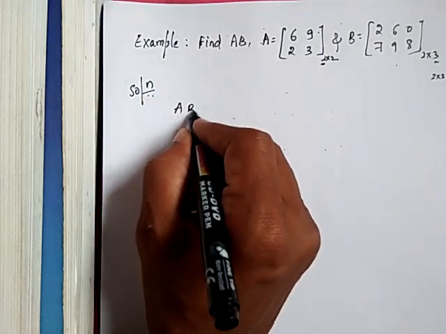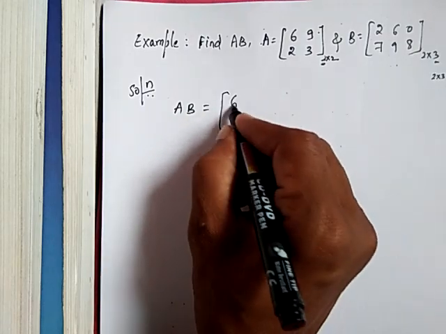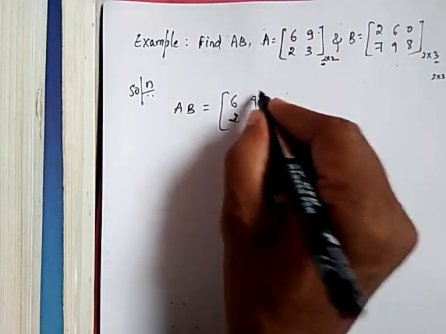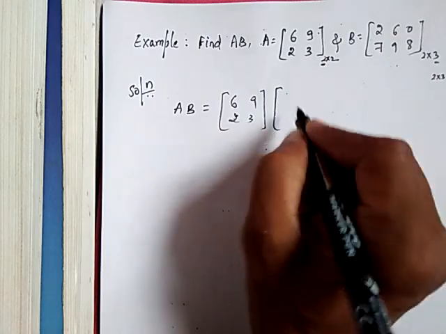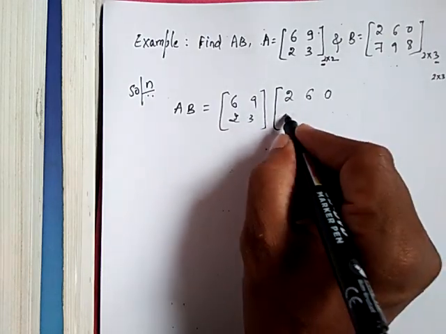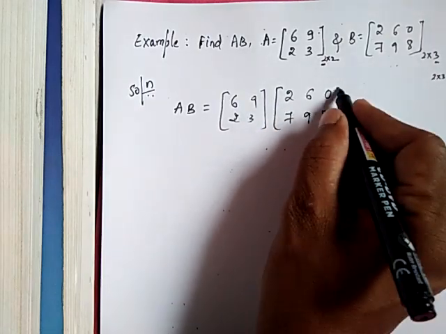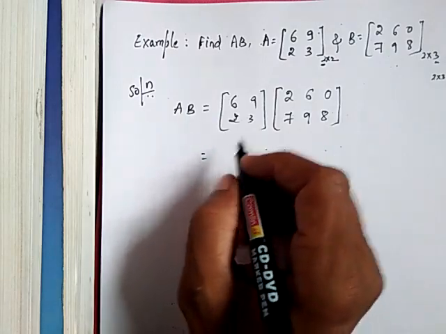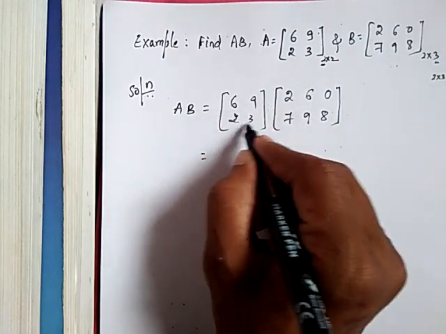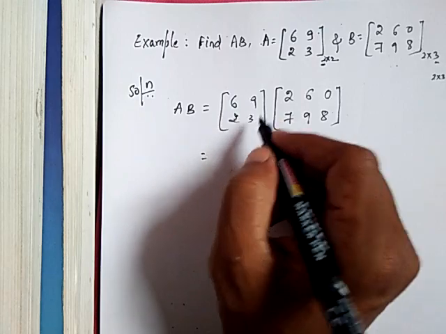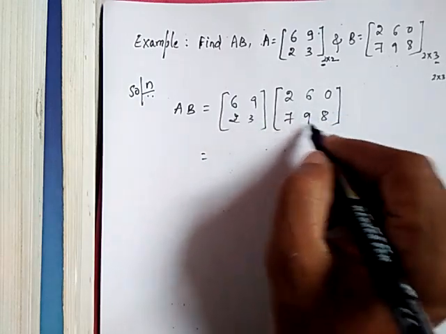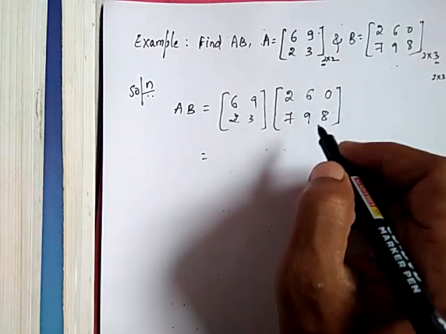So AB is equal to, what is A here, [6 9; 2 3] into [2 6 0; 7 9 8]. Correct. So now this is the first row, second row, first column, second column, and first row, second row, first column, second column, third column.